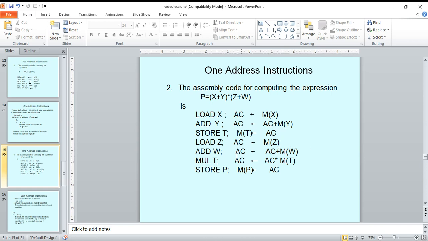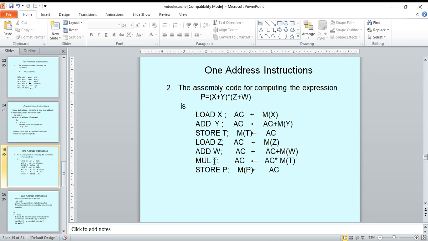The result is moved to the accumulator register, and the earlier result is held in memory location M of t. So one is in the accumulator register and one is in a memory location. Now we can perform the multiplication of these two numbers.